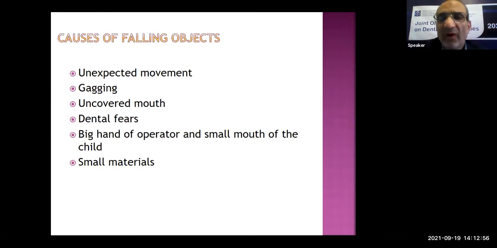The cause of falling objects is especially unexpected movement. As I say, we are dealing with children, and most of them fear dental procedures. Gagging is common among children. An uncovered mouth is the main cause.